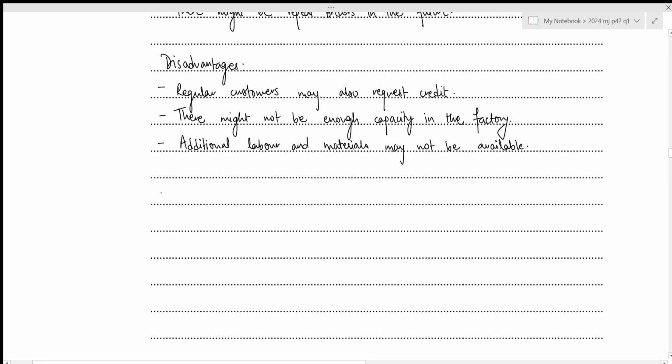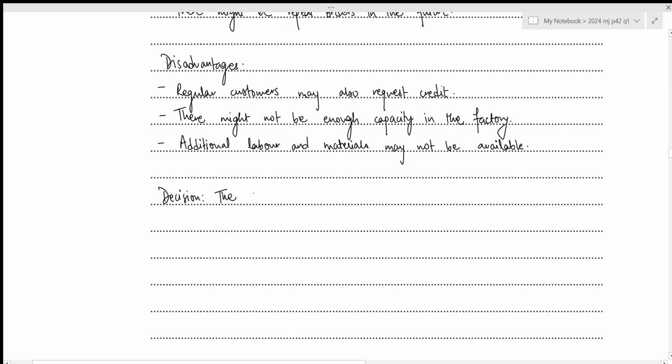Now, based on these factors, we need to make a final decision. So personally, I would suggest the directors to not accept the order because we are providing a longer credit period, which means that there is a greater risk of not being paid. Let's write it down.